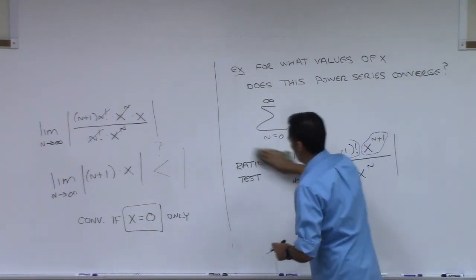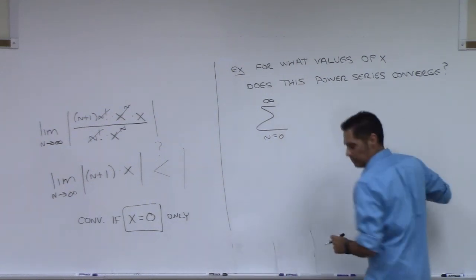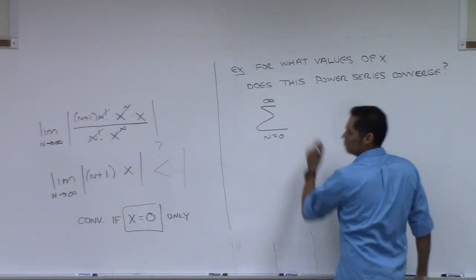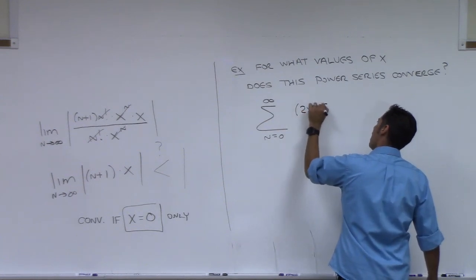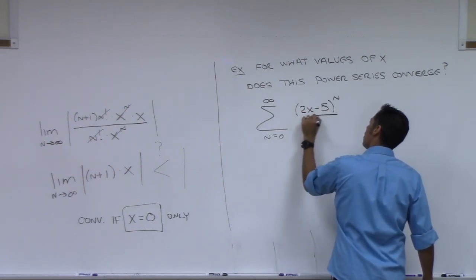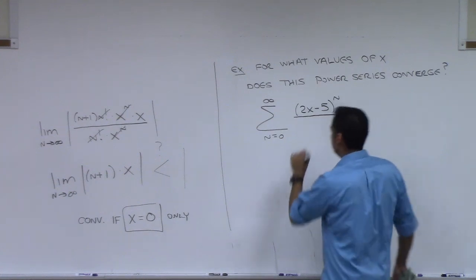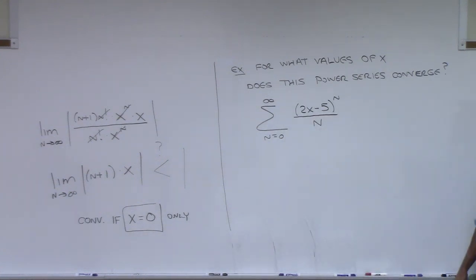let's try this one. For what values of x does this converge? The sum of (2x minus 5) to the n over n. Is this a power series?